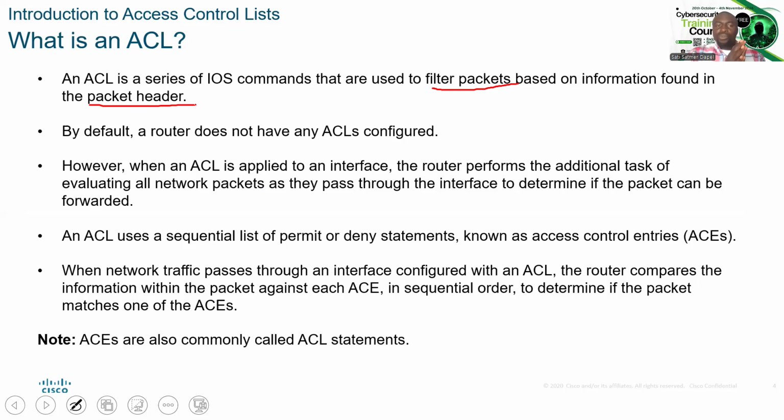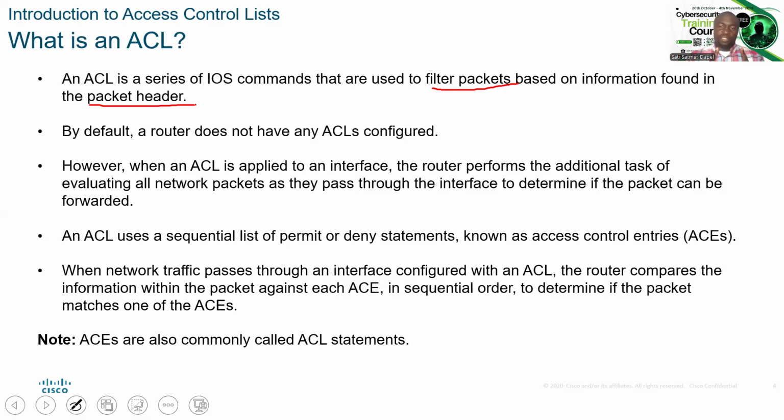So basically, the access control list is going to be dealing with that. By default, a router does not have any access list configured, so you need to configure it. However, when an access list is applied to an interface, the router performs the additional task of evaluating all network packets as they pass through the interface to determine if the packet can be forwarded or not.